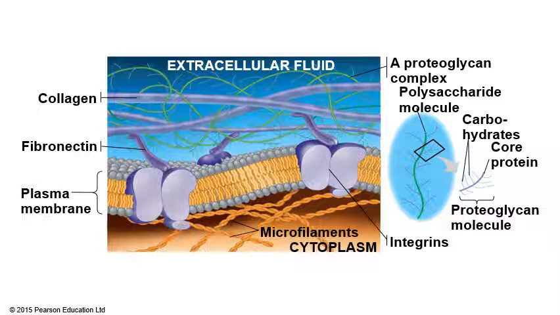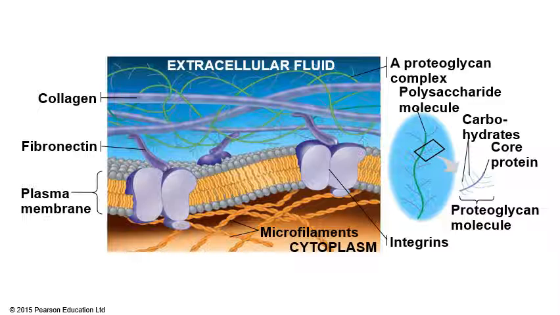And outside the plasma membrane, we can see extracellular matrix composed of mostly polysaccharide plus protein complex, like collagen. That's a huge protein that's a very important component in extracellular matrix for animal cell.